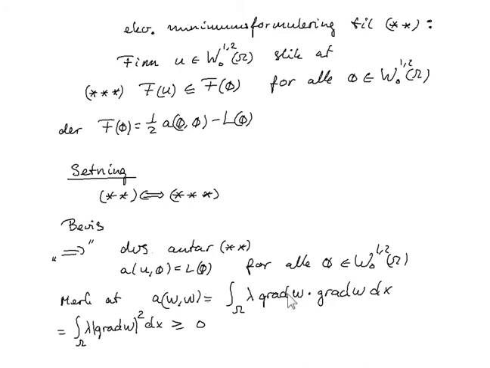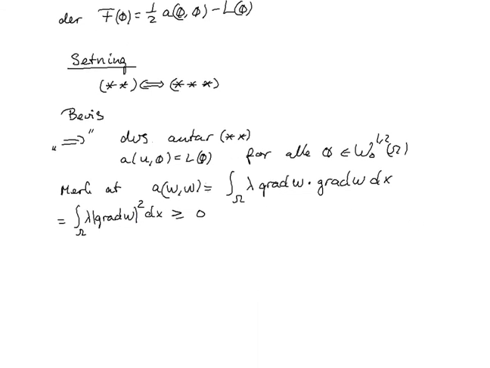And multiplying the gradient, or any vector, with itself gives the absolute value of this vector squared. And since lambda is a strictly positive function, which we always will assume in this course, it's rather obvious that this must be larger than or equal to 0, and equal to 0 only if this gradient is 0.